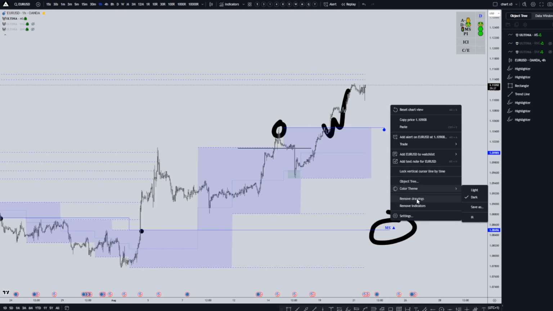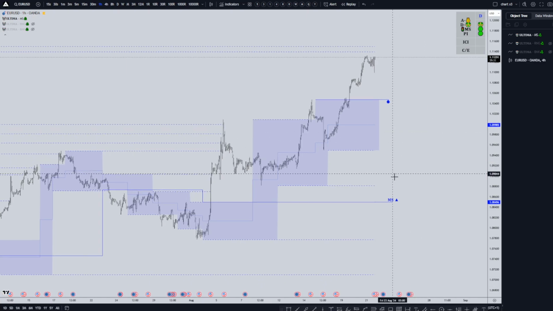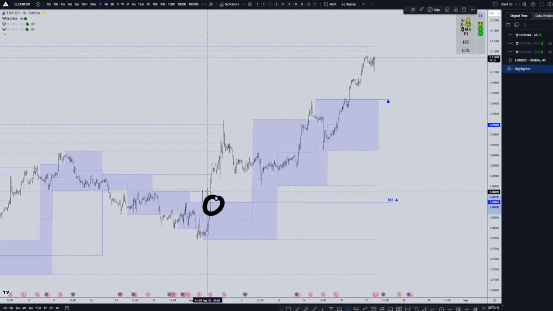So basically that's the structure's job. Structure's job is to basically establish bullish trend and take the liquidity and rinse, repeat, basically.